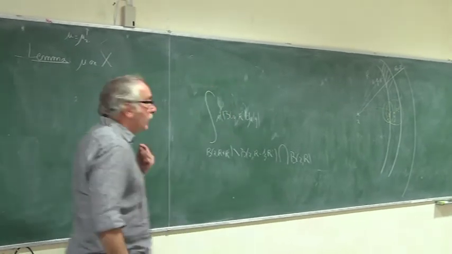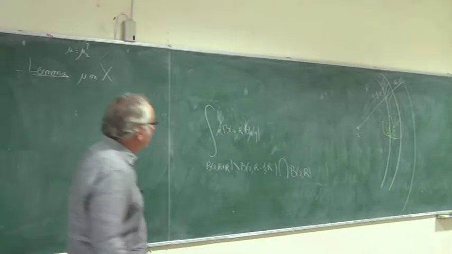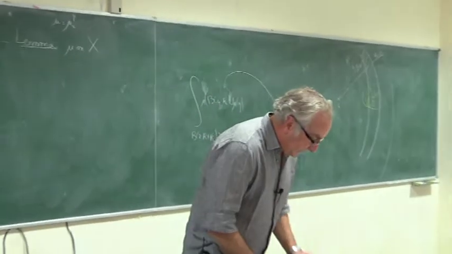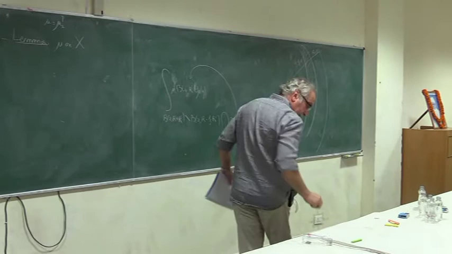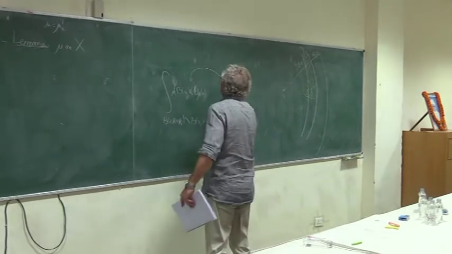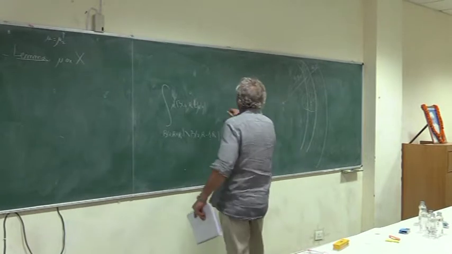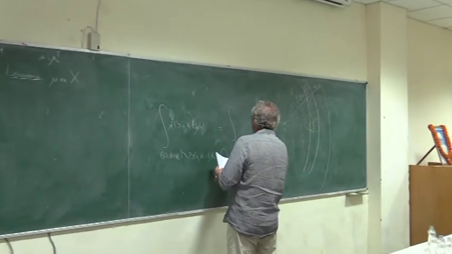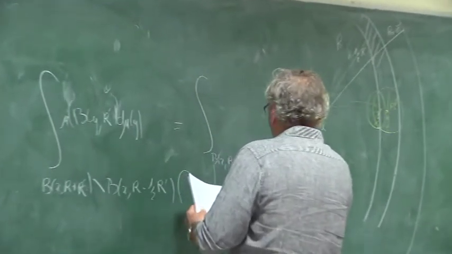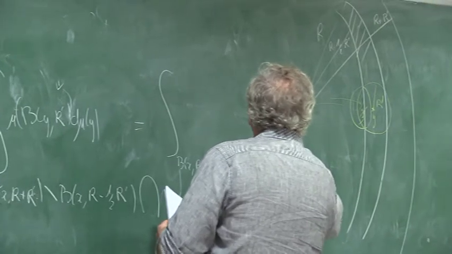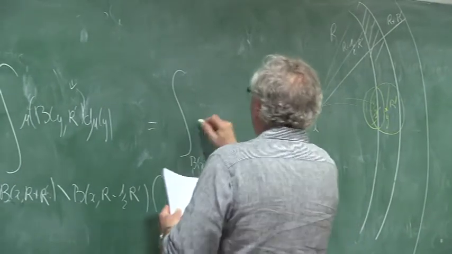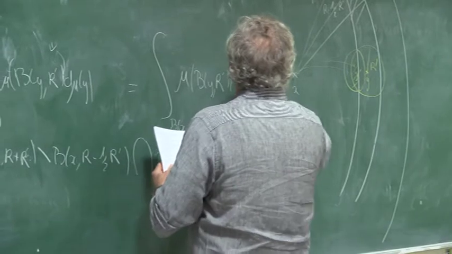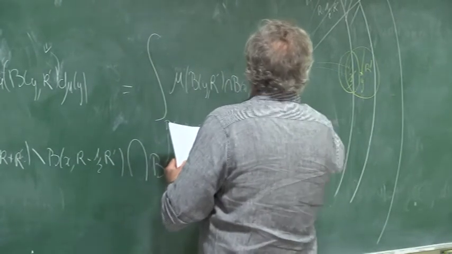But you see, I have written this because of the lemma that I gave to you at the beginning, which says that you can put this inside here. So this integral, because of the previous lemma, we can write as the integral over B(x, r + r') minus B(x, r - 1/2 r') of the following quantity, which is the measure of B(y, r') intersected with B(x, r), dμ(y).